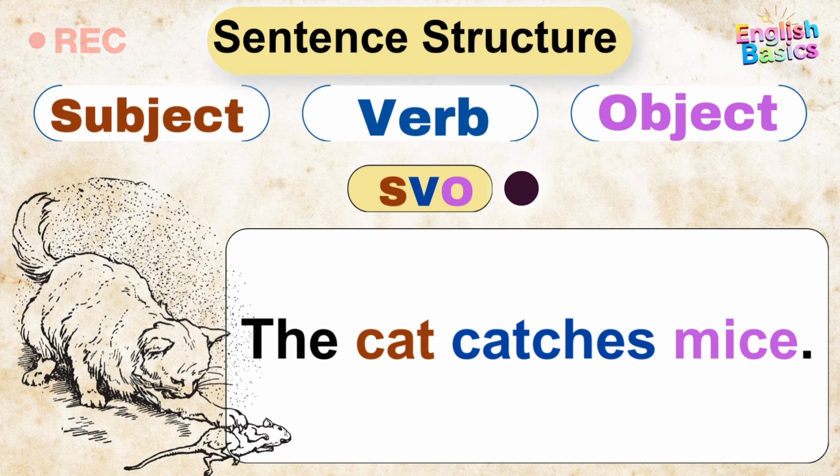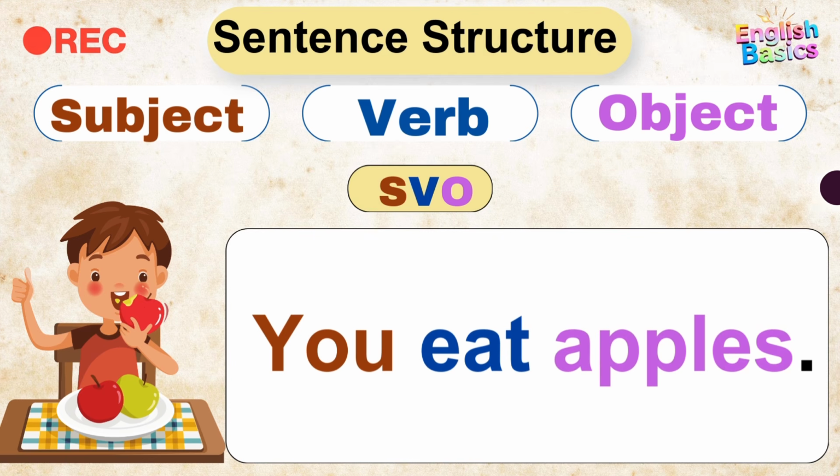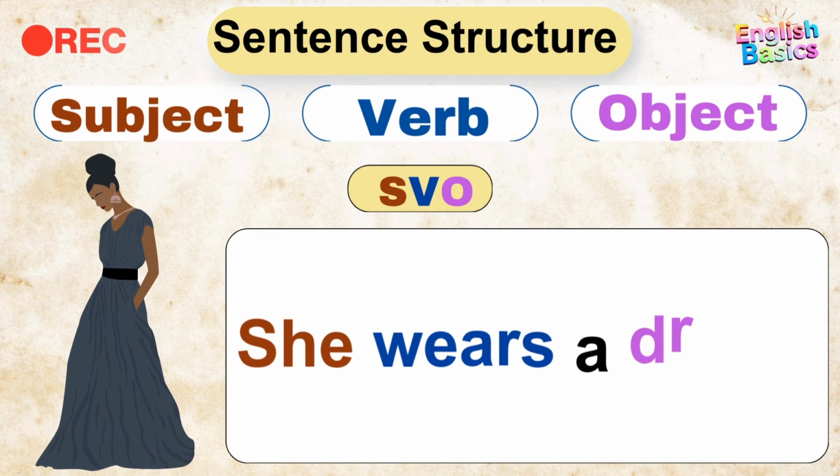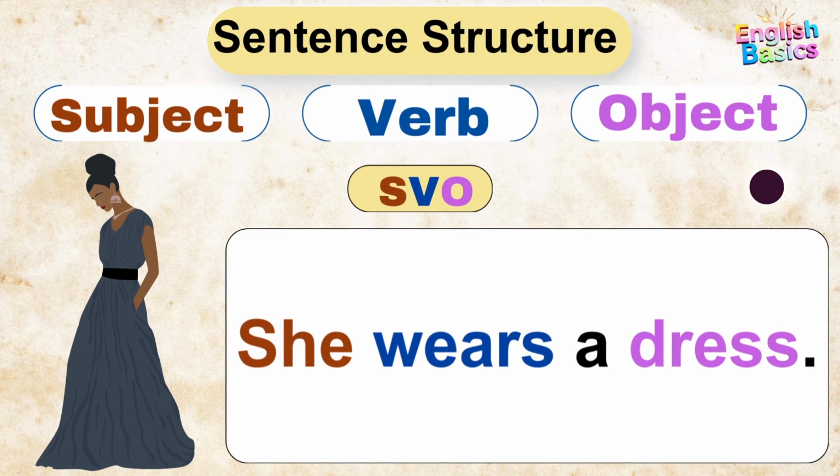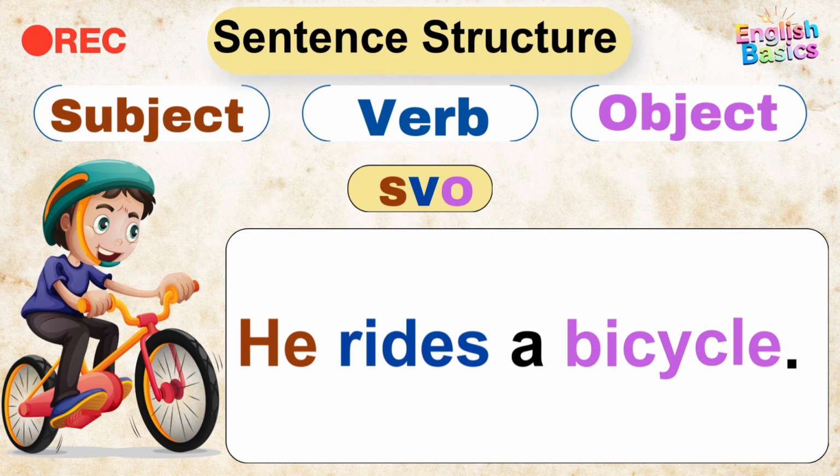The cat catches mice. You eat apples. She wears a dress. He rides a bicycle.